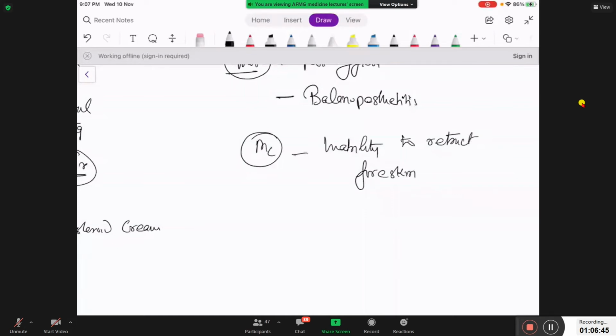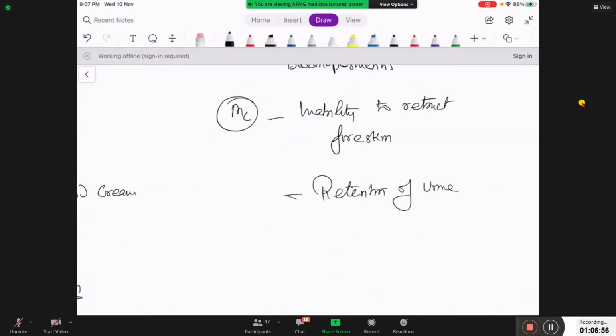Patients can also come to us with retention of urine because of this. Patients can also come with a complaint of painful erection.